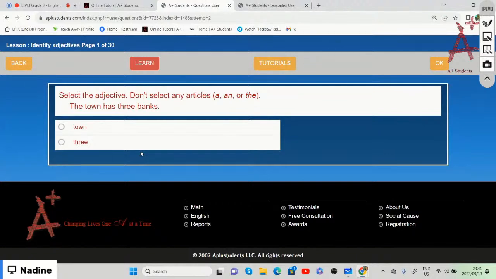We need to select the adjective. Is it town or is it 3? That tells us how many banks there are in that town.